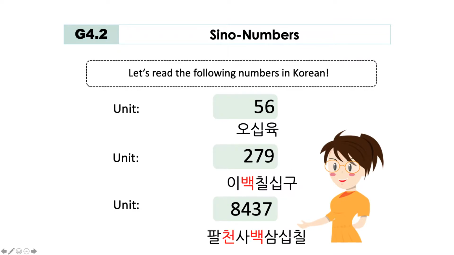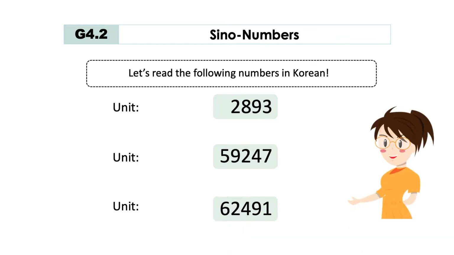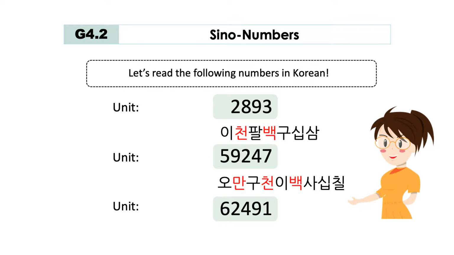So 8437. Now pause the video and think about how you can read these bigger numbers. 2893. 59,247. So you can see 5 digits, you use 만, and then 1000, 9000, and then 200.